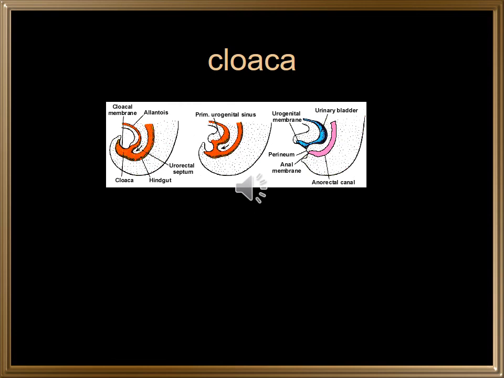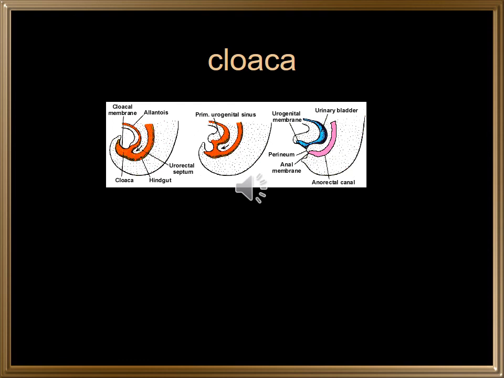We take the communication with the allantois and divide the hindgut into two parts. The part cranial to the communication is the hindgut proper, and caudal to the communication, it's called cloaca. It's a common receptacle for both the discharges from the kidneys, that's urine, and also the intestinal contents.